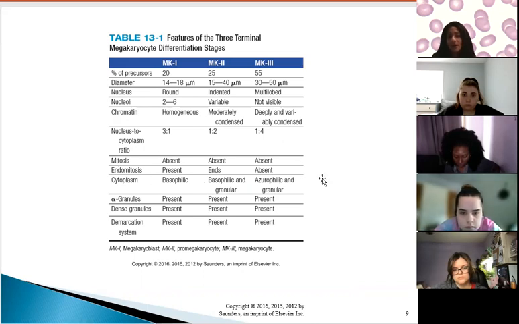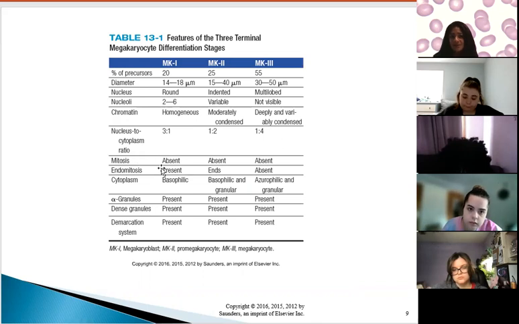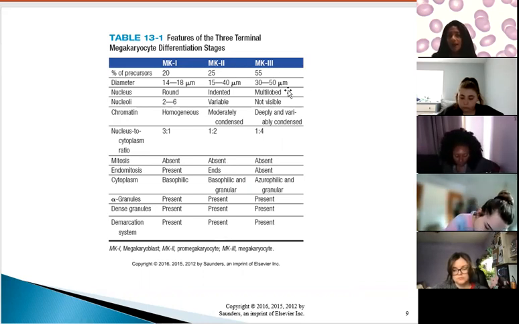Something worth noting is that mitosis is not happening in a megakaryocyte at all. But endomitosis only happens during the MK1 and MK2 stages, okay? Once you get to the megakaryocyte stage, there's no more endomitosis happening, okay? The color of your cytoplasm, the granules that are present, and all of that is worth noting, okay?